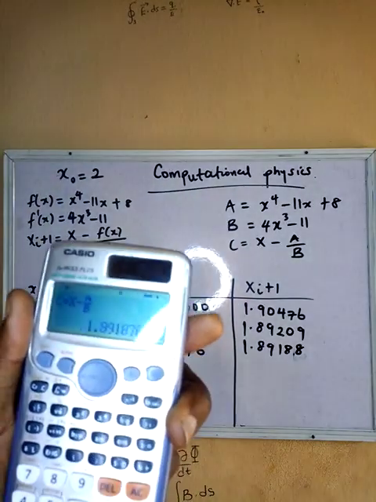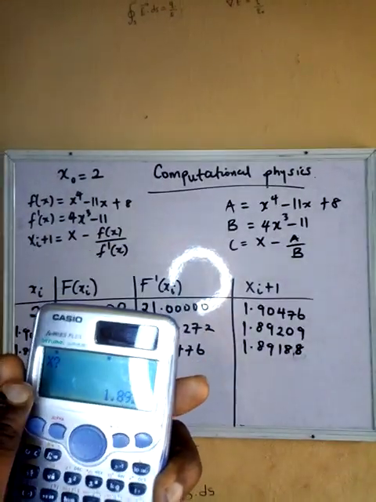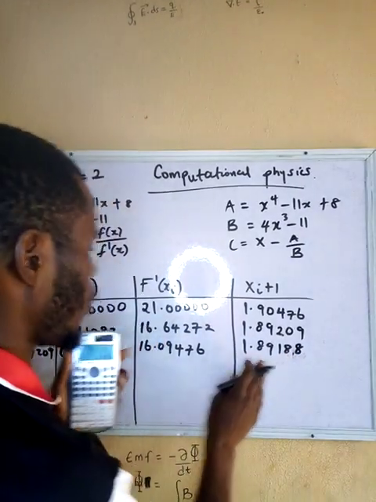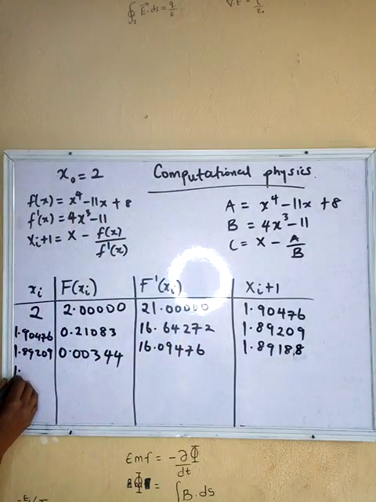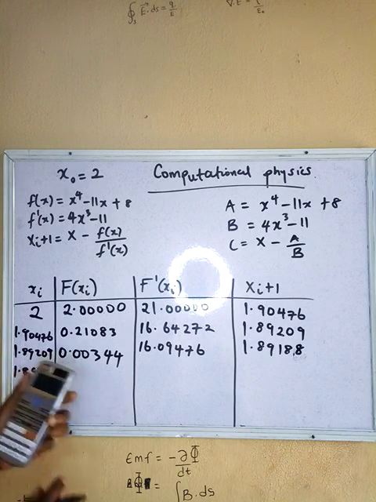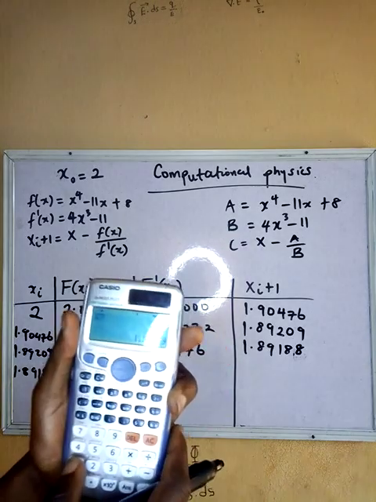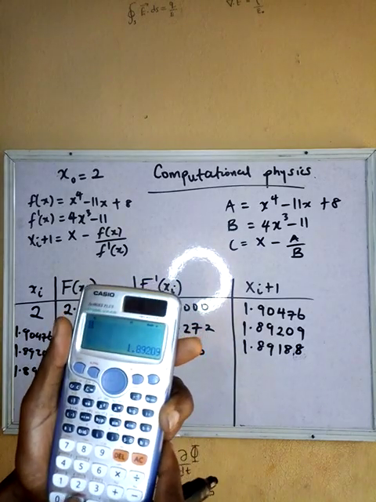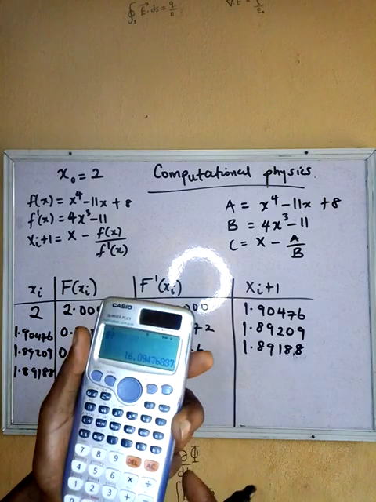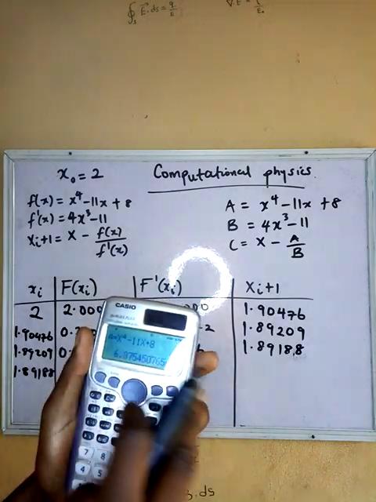So when you press your calculator equal to, it will show you what is the next value of x. So like I said, this final answer becomes our initial guess, 1.89188. So I'm going to input it in my Casio calculator, 1.89188 equal to, this is what we are interested in.